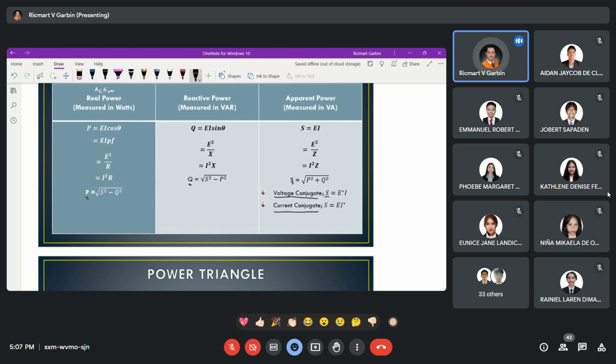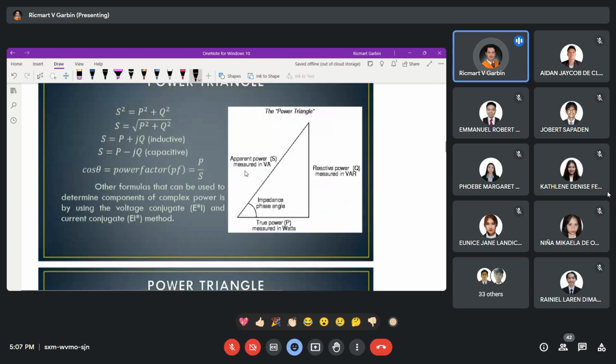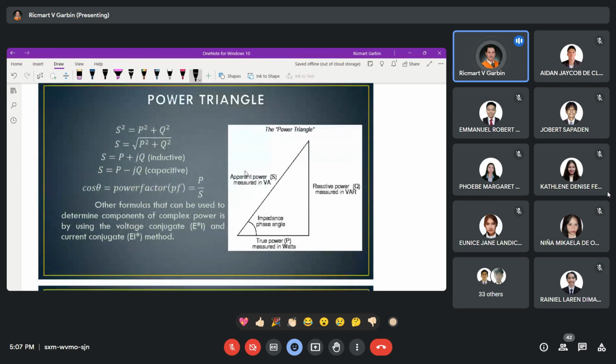So, punta tayo dun sa ating power triangle. Para mas madali nating maintindihan yung power ng AC circuits, in-introduce yung tinatawag nating power triangle. So, this is halos same lang ng ating impedance triangle, wherein yung ating x-axis represents the real, true, or active power measured in watts.